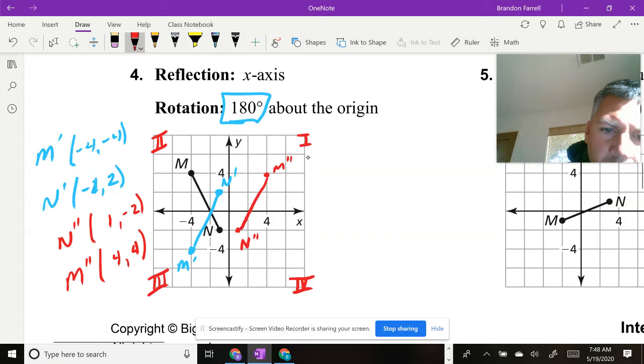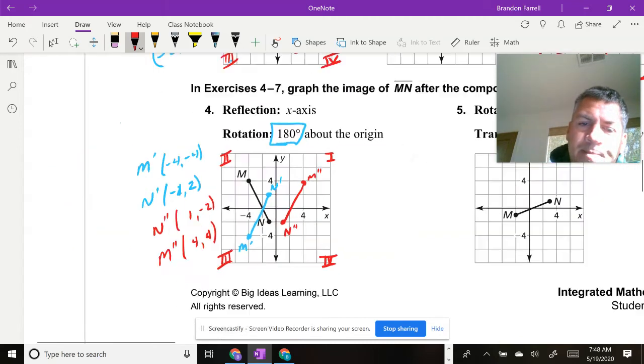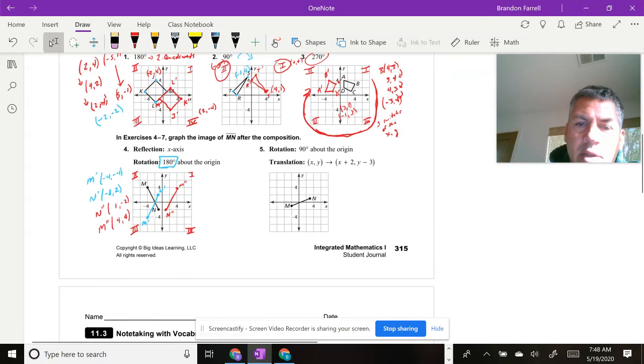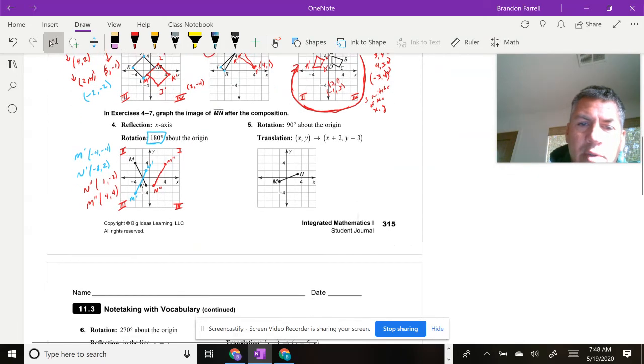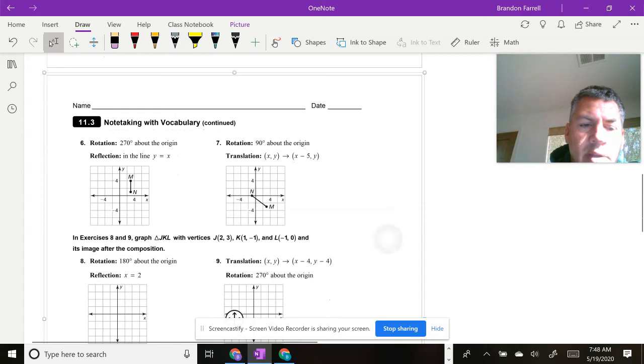M double prime. So you can see that actually reflection and rotation is almost going to be like reflecting it along the y-axis. It's kind of weird. Okay, it's not kind of weird. It's just kind of a little bit. So now this one wants you to do that. I'm not going to necessarily do that thing.